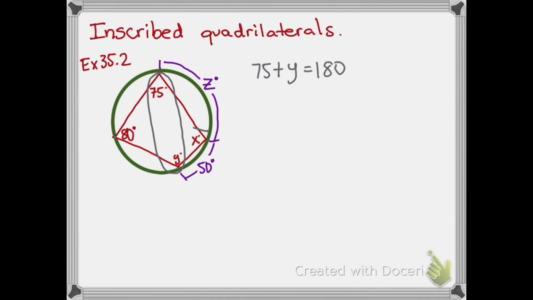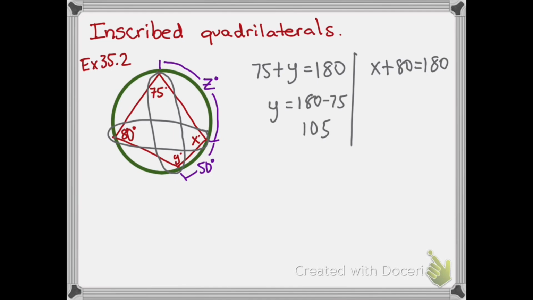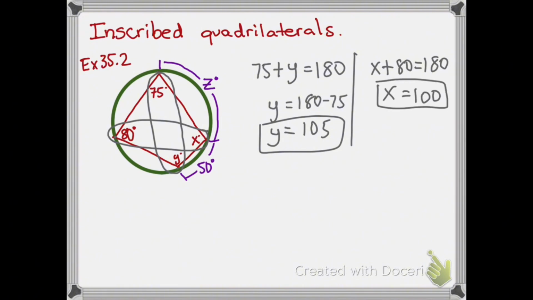But also x plus 80 equals 180. So then it's easy to find what is y. Y is 180 minus 75, which is 105. And then x equals 100. And that's our answer. Very, very simple.